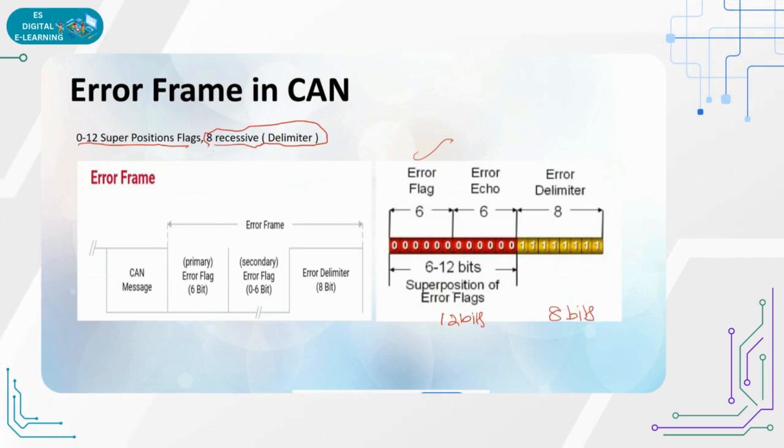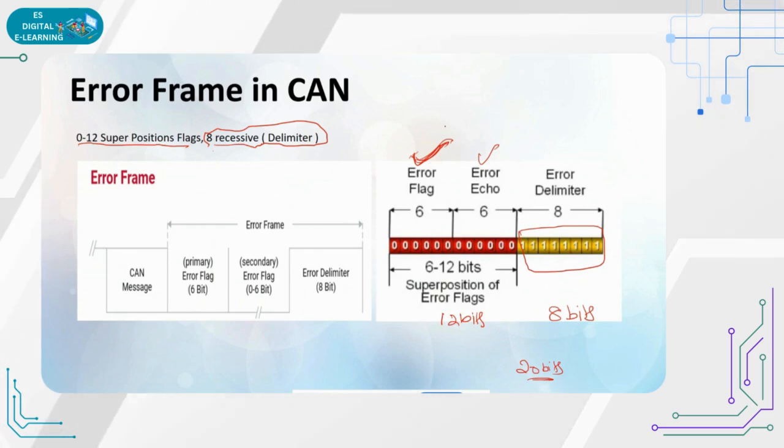So totally how many bits does the error frame have? 20 bits. In these 20 bits, 6 bits are the flag, meaning whenever you get an error, these 6 bits will be 0, and the echo will be the same bits, and this delimiter is always ones. You need to remember this.